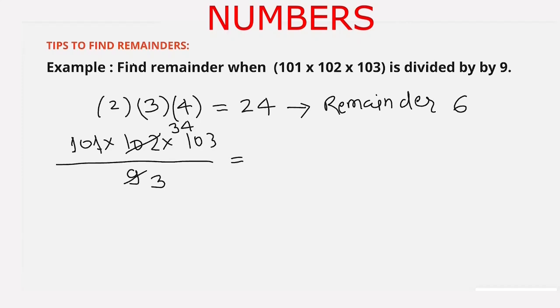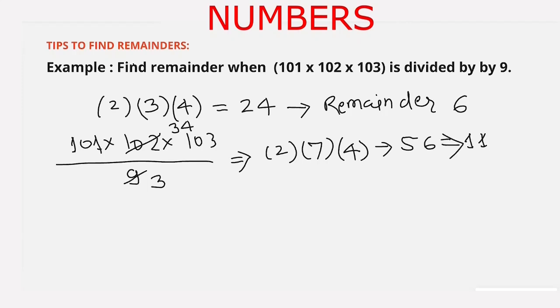In this case the remainder will be the sum of digits: 1 plus 1 is 2, 3 plus 4 is 7, and 1 plus 3 is 4. This gives the multiplication of 7 by 4 is 28, and 28 times 2 is 56, and again the sum is 11, and 11 when divided by 3 gives the remainder 2, which is not correct.